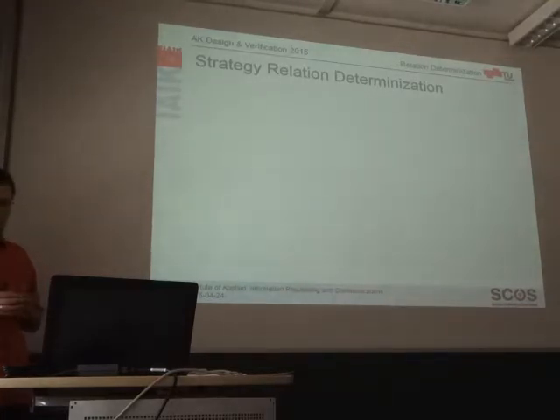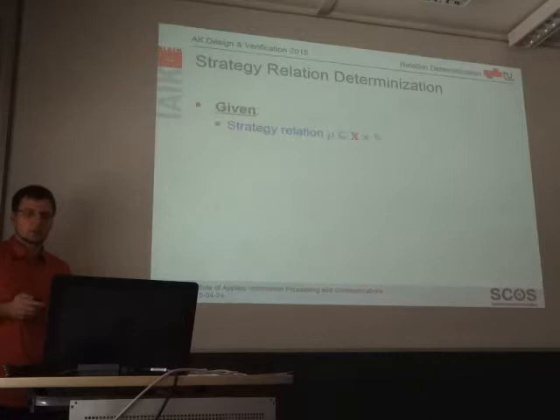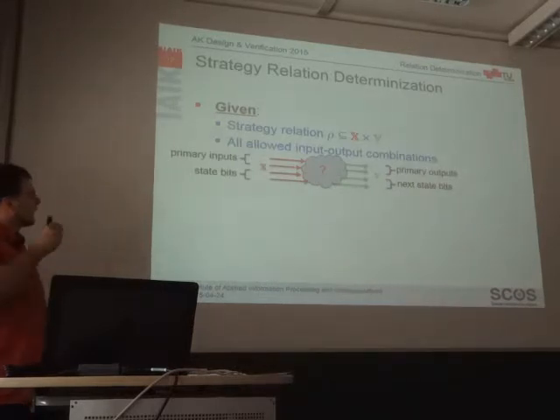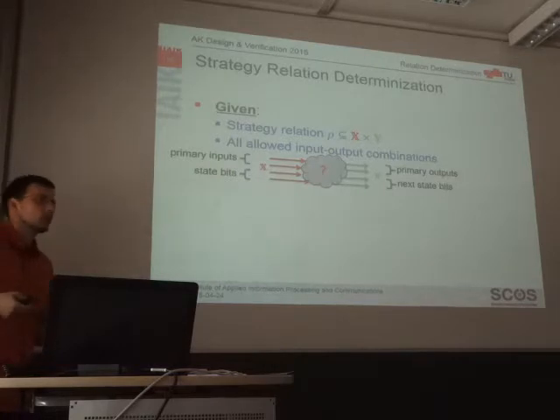One more thing, or basically let's define what the actual concrete problem is that we are given. We are given a strategy relation, which, as we now know, is a subset of the cross product of inputs and outputs. And this strategy relation describes all the allowed input-output combinations.